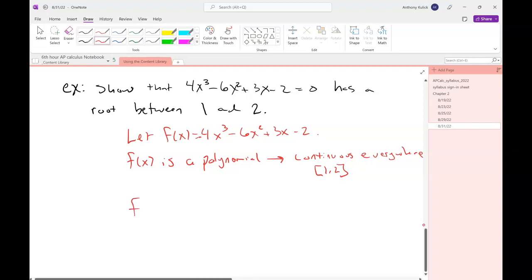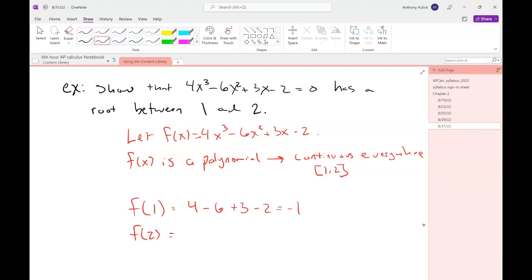What I'll do then is evaluate f of 1 and f of 2. f of 1 is 4 minus 6 plus 3 minus 2, so that's negative 1. f of 2 is 32 minus 24 plus 6 minus 2, so that's 12.